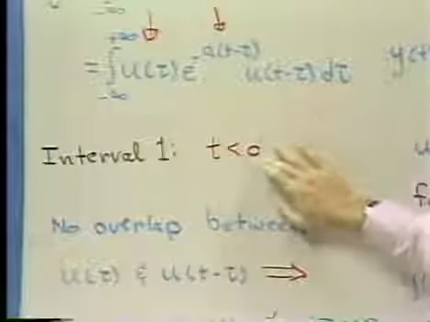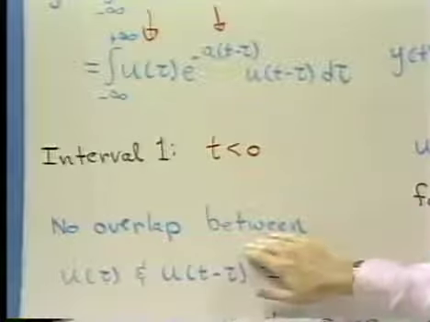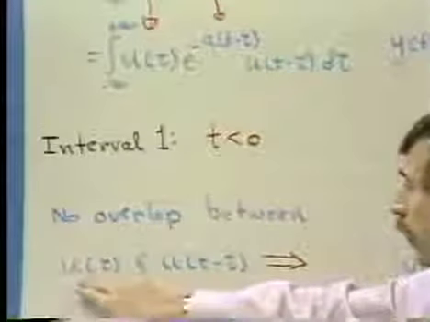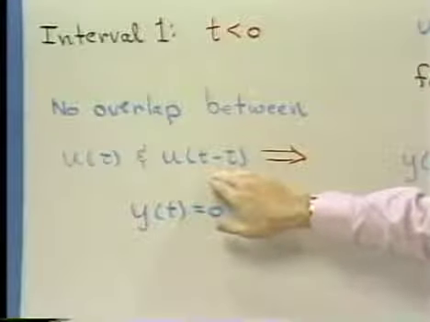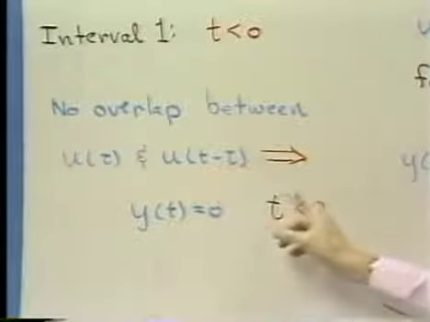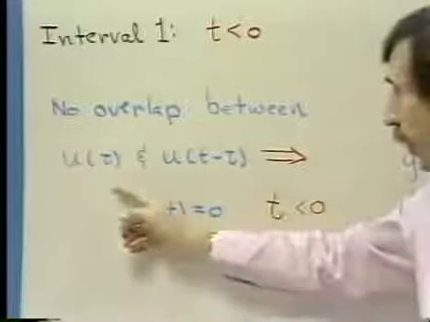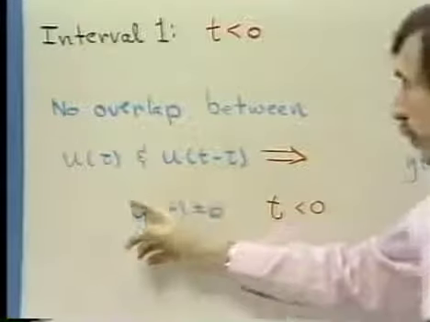There's no overlap between the unit step going forward in time and the unit step going backward in time, and consequently, the integrand is equal to 0, and the output is equal to 0.